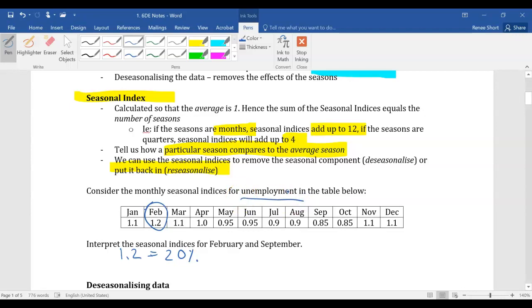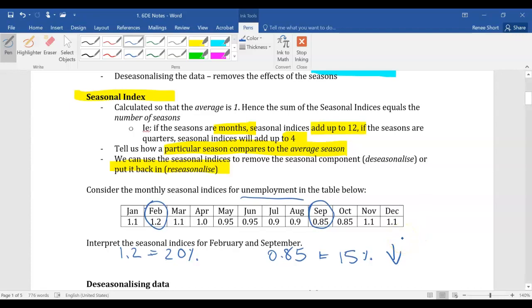If we look at September here, it has 0.85. So since 0.85 is sitting under 1, it means that in September there's 85% of the unemployment compared to the average. Or we can even say that in September there's a 15% decrease in the amount of unemployment. So using those figures will then get us to deseasonalize the unemployment figures and take away these monthly differences so that our values are more comparable.